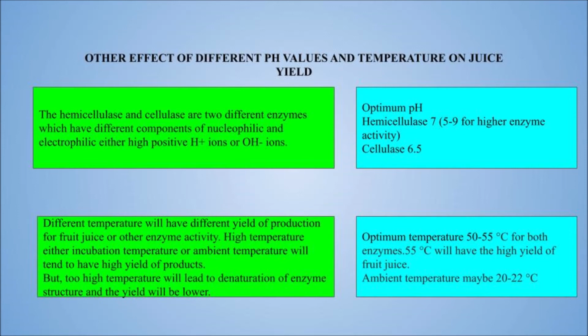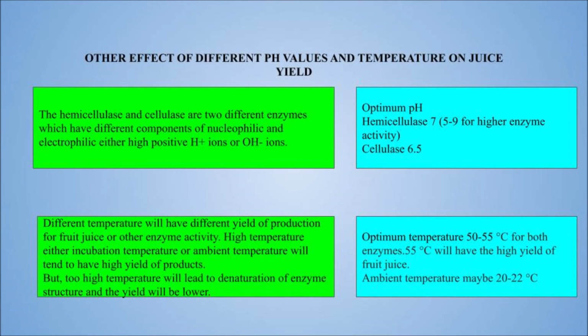The hemicellulase and the cellulase are two different enzymes which have different components of nucleophilic and electrophilic. They either have high positive hydrogen ions or hydroxide ions. The optimum pH for the hemicellulase is 7, which is a neutral condition.